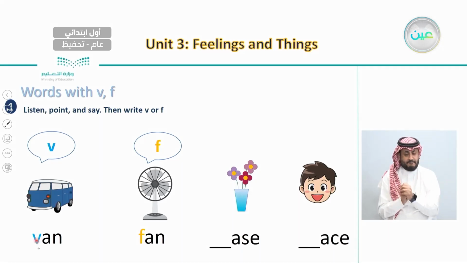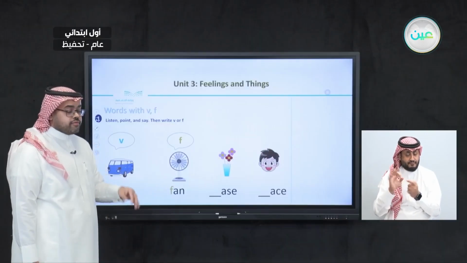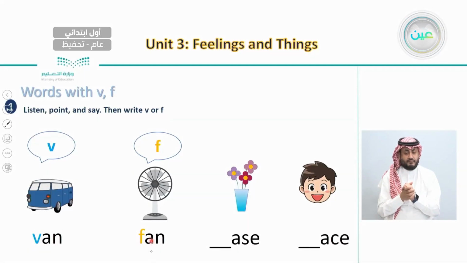The first word we have here, say after me, van. Very good. Van, which starts with letter V. Now let's listen to the second word that starts with letter F. Fan.